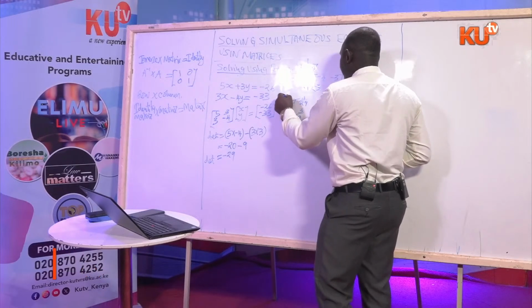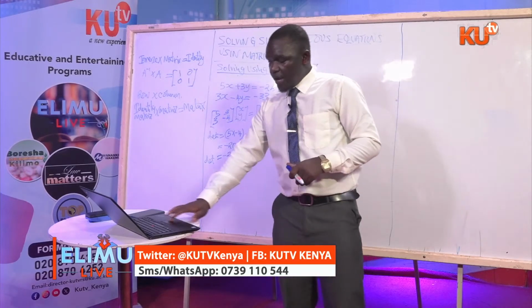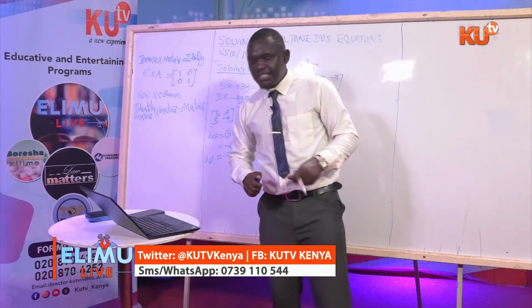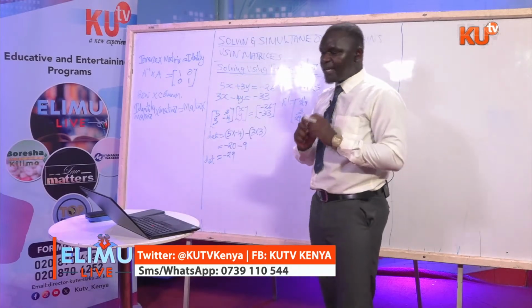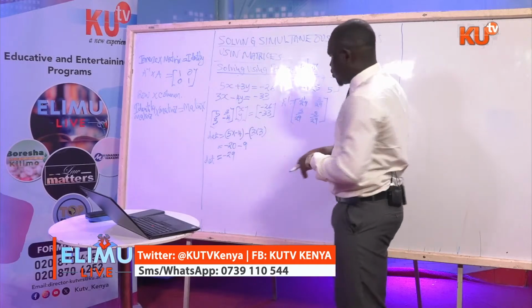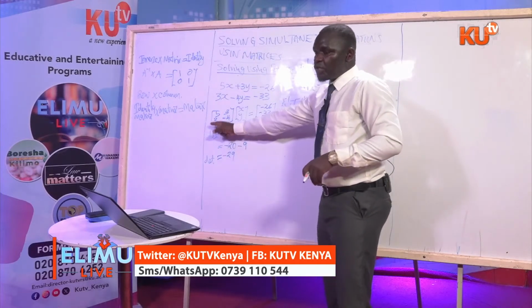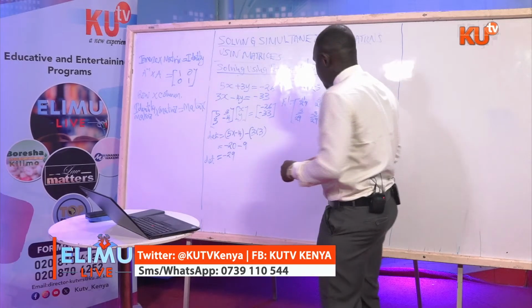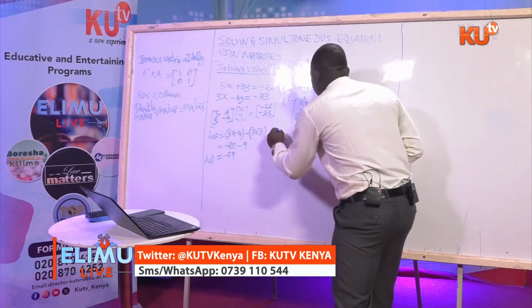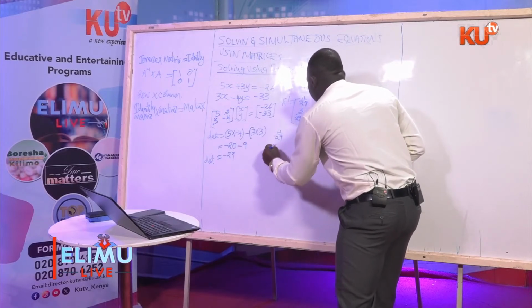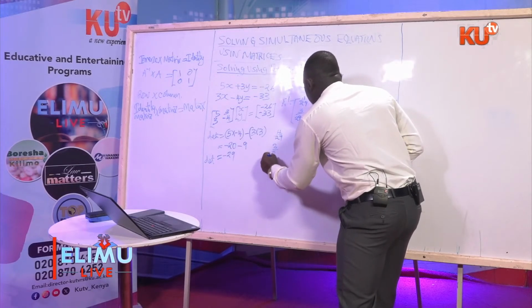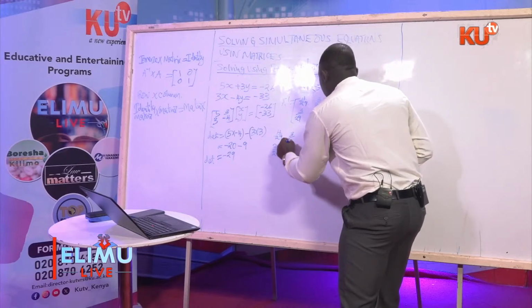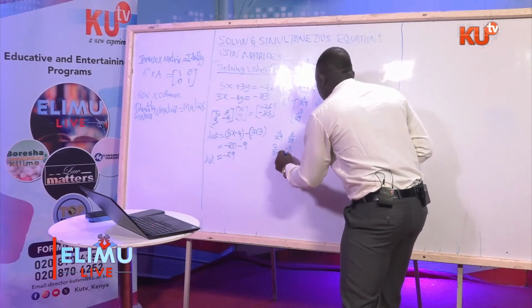After getting the inverse of our matrix, you pre-multiply the inverse of the matrix on both sides of your equation. So on this side of the equation, before you pre-multiply, pre means start with the inverse first. So that is 4 over 29, then 3 over 29, 3 over 29, negative 5 over 29.